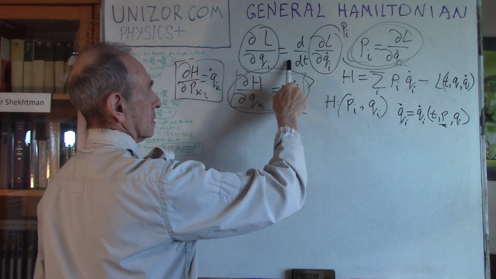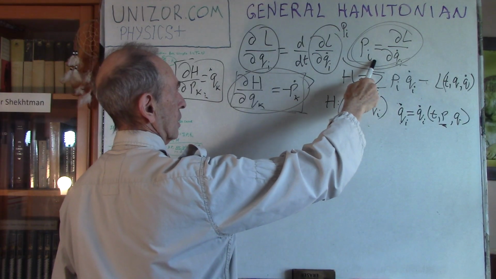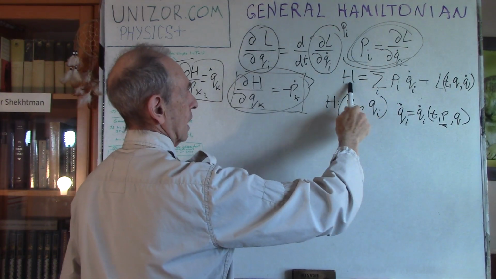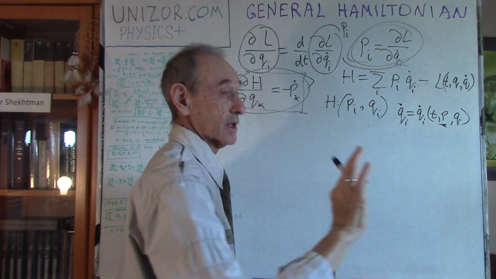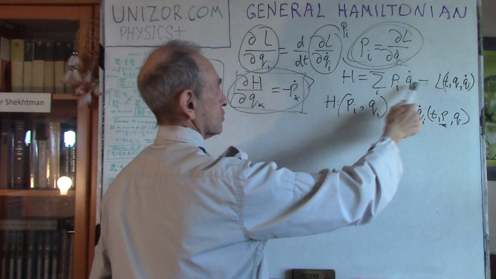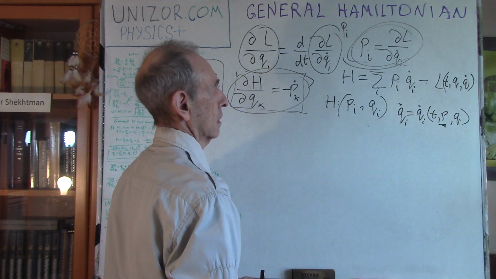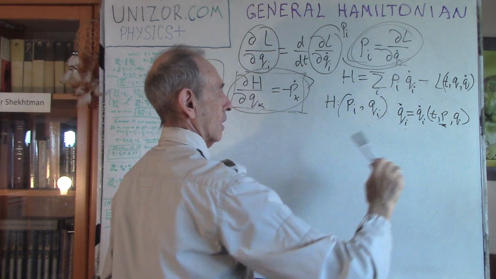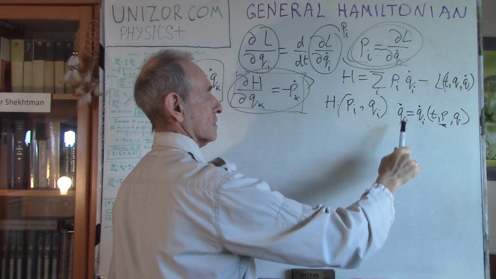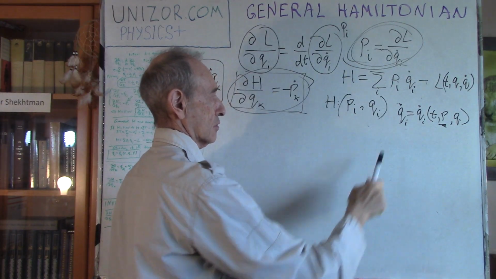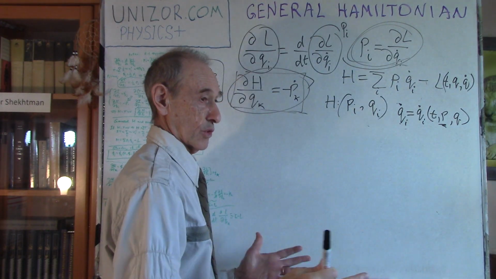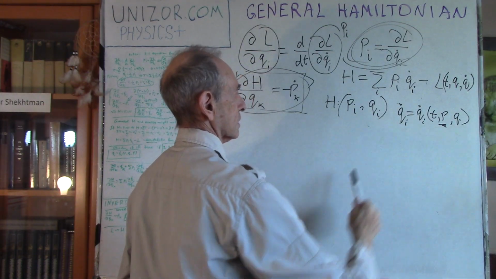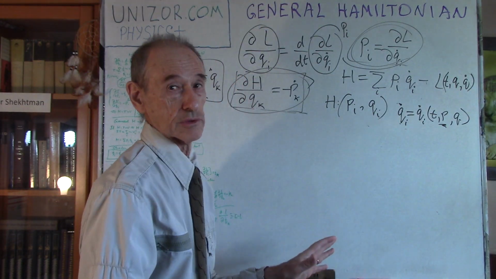So from the Euler-Lagrange equation, from the definition of momentum, and our intelligently guessed expression for the Lagrangian, and thinking basically that P and Q are independent variables, and even the derivative of the coordinate, the velocity, is a function of all of these coordinates. This is the most general case.